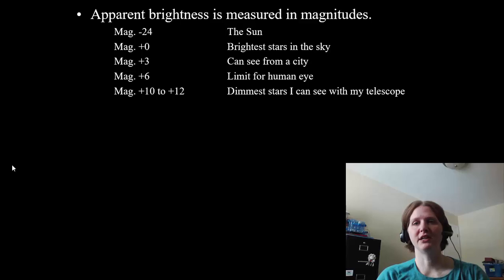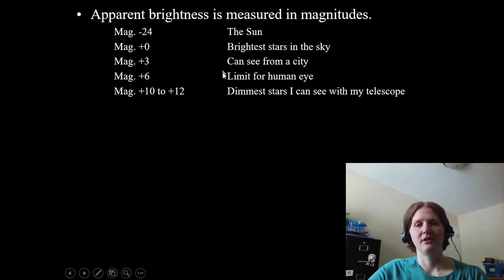So the magnitude system was started by the ancient Greeks, and the brightest stars in the sky were called magnitude 0. And then the next brightest set of stars was called magnitude 1. The dimmest stars that you can see with your human eye are called magnitude 6. Even dimmer, with my telescope I can see stars that are even dimmer.